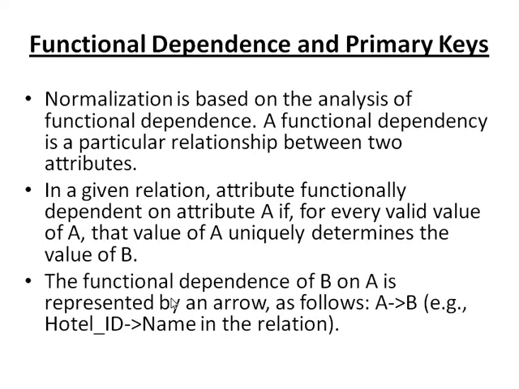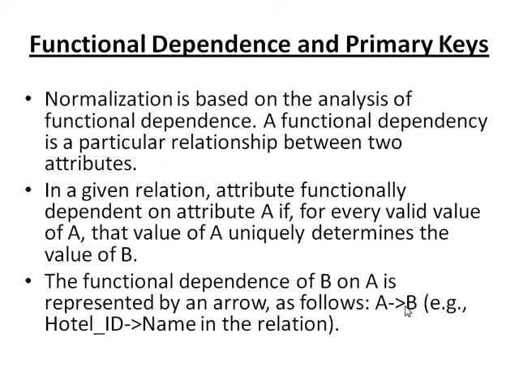The functional dependence of B on A is represented by an arrow. So that is how we represent that B is fully functionally dependent on A, with the help of an arrow. So here you can see an arrow.